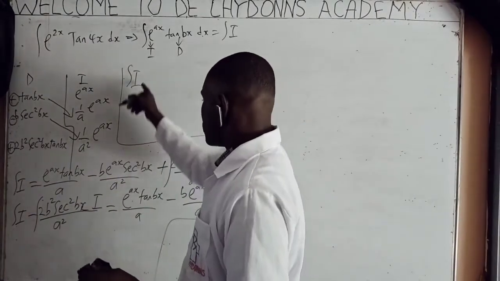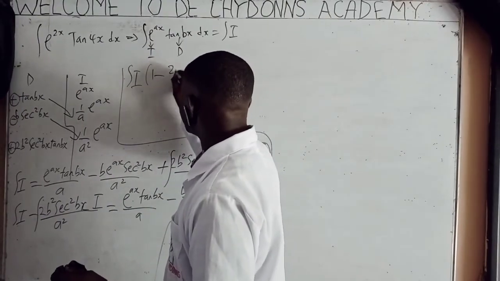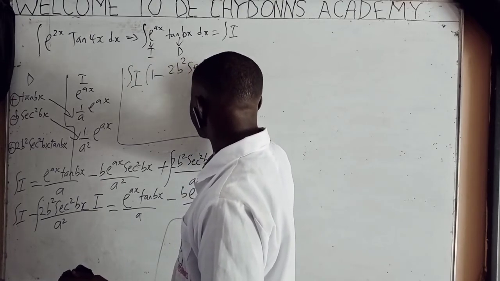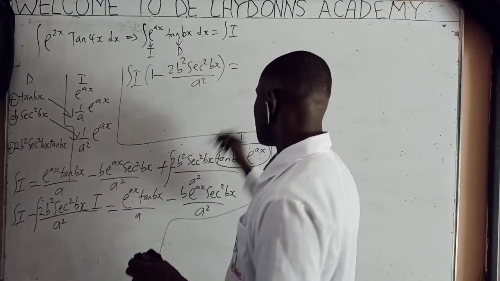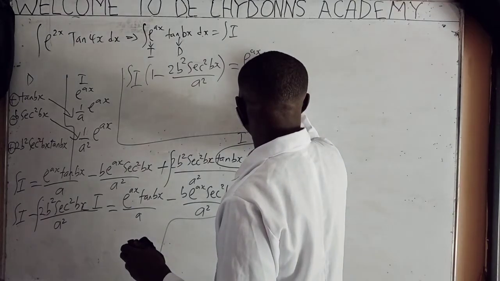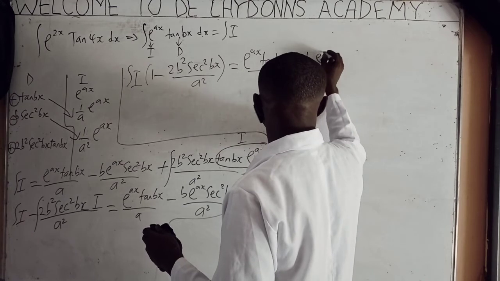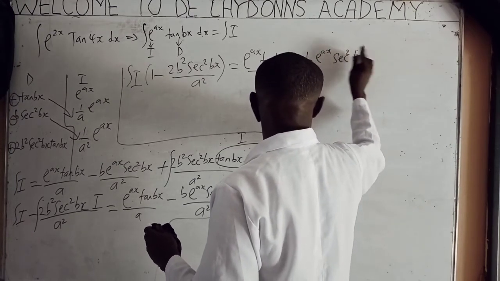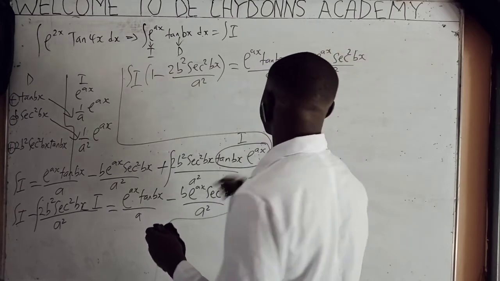Then factorizing, bracket 1 minus 2b squared sec squared bx all over a squared, integration I equals exponential ax tan bx all over a minus b exponential ax sec squared bx all over a squared.